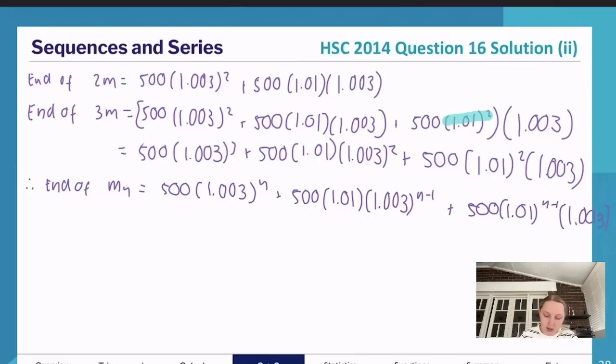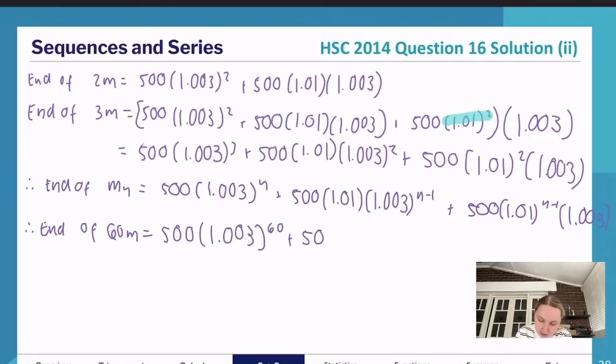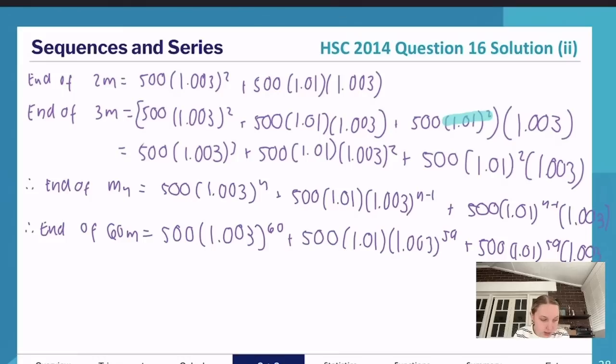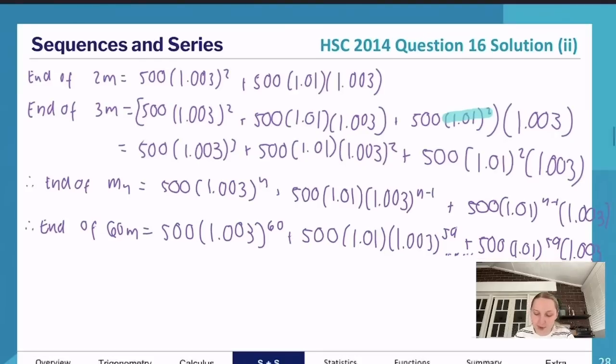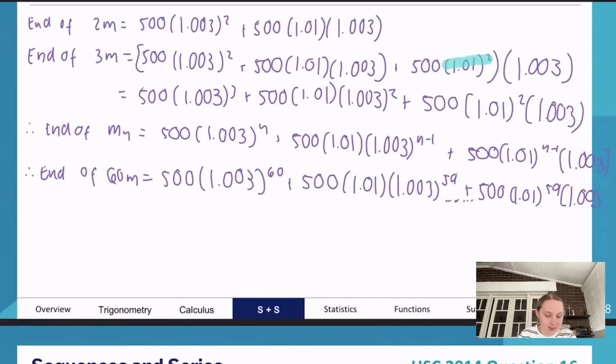So then the end of the 60th month is going to equal 500 × 1.003^60 plus 500 × 1.01 × 1.003^59 plus 500 × 1.01^59 × 1.003, and we'd have all these little bits in between. Okay, and then this is where it becomes a sequence.